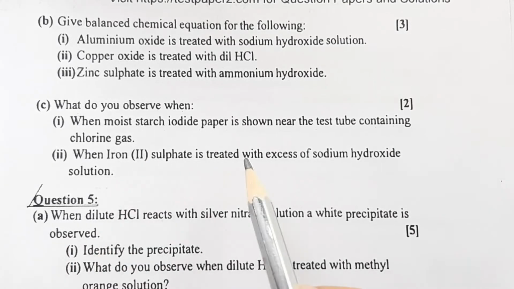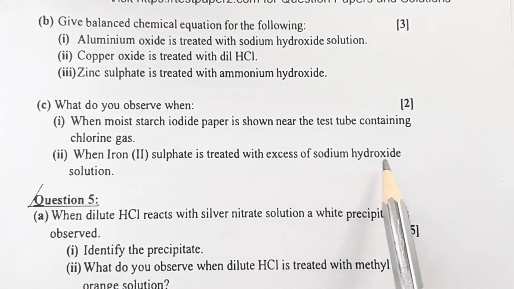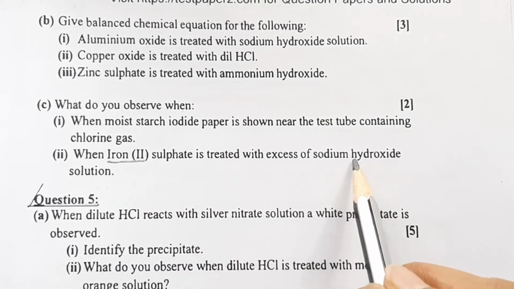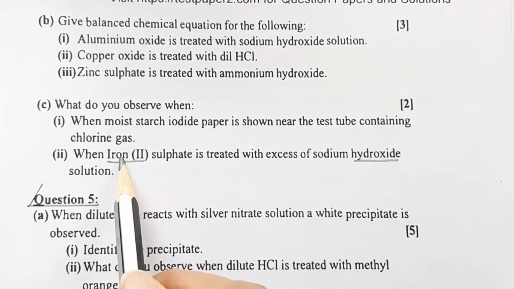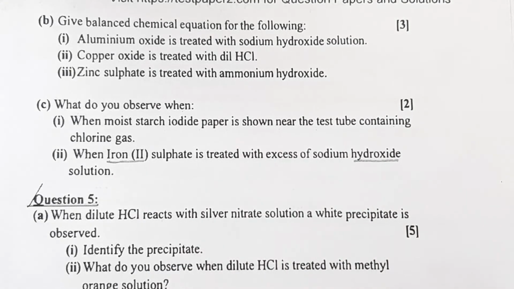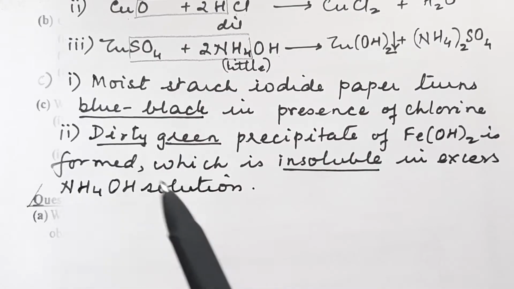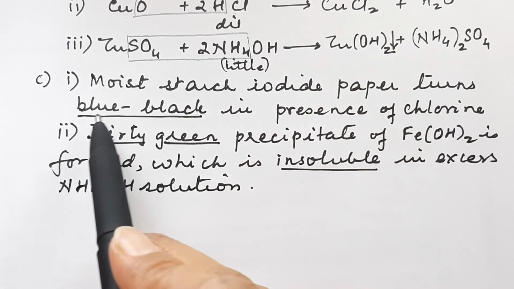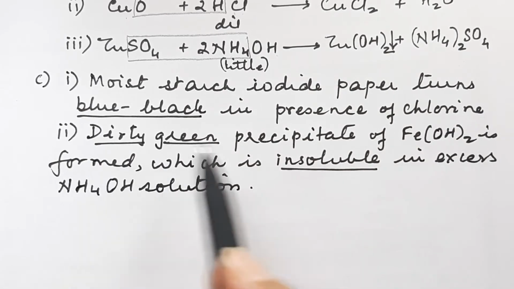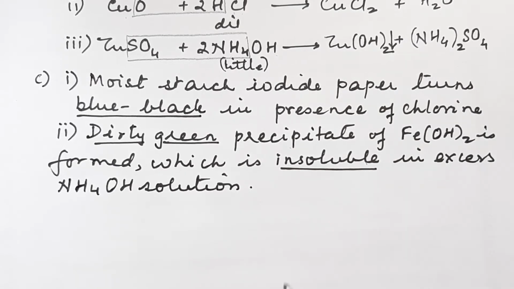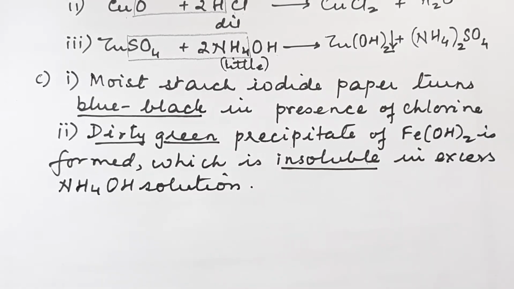When iron 2 sulfate is treated with excess of sodium hydroxide solution, iron 2 with sodium hydroxide will form Fe(OH)2, which is dirty green precipitate, which is insoluble in excess. So you see, we have written just that by underlining the keywords. Can you see that? Yes? Okay. That finishes our question 4.